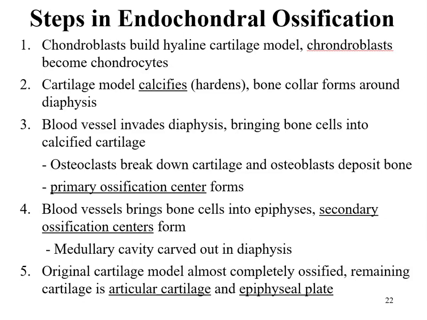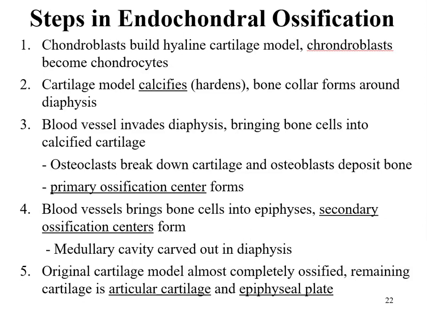After the model is created, the model calcifies or hardens, which kills those chondrocytes as they lose access to nutrients and oxygen. This calcification initiates the formation of a thin collar of bone tissue on the surface of the diaphysis.